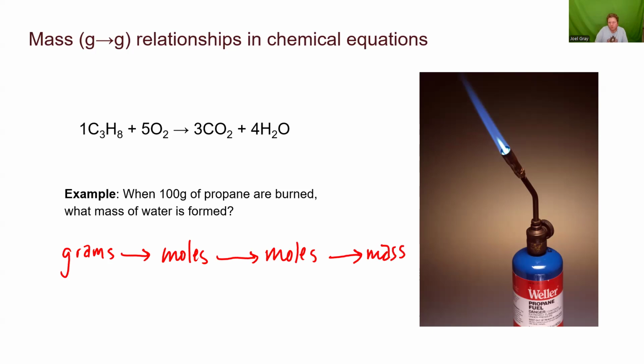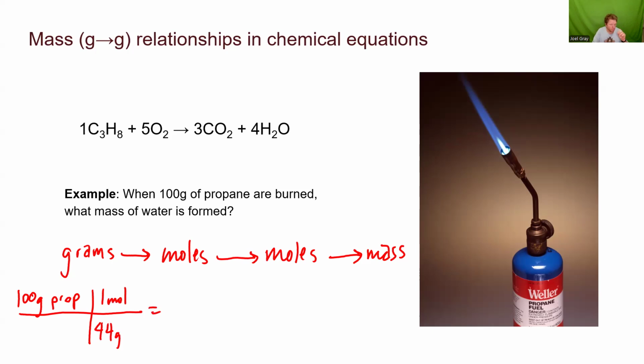So 100 grams of propane. We need to know the molar mass of propane. I've got a periodic table up on another window, so I'm just going to pull that up. That would give me the molar mass of 44 grams is 1 mole.